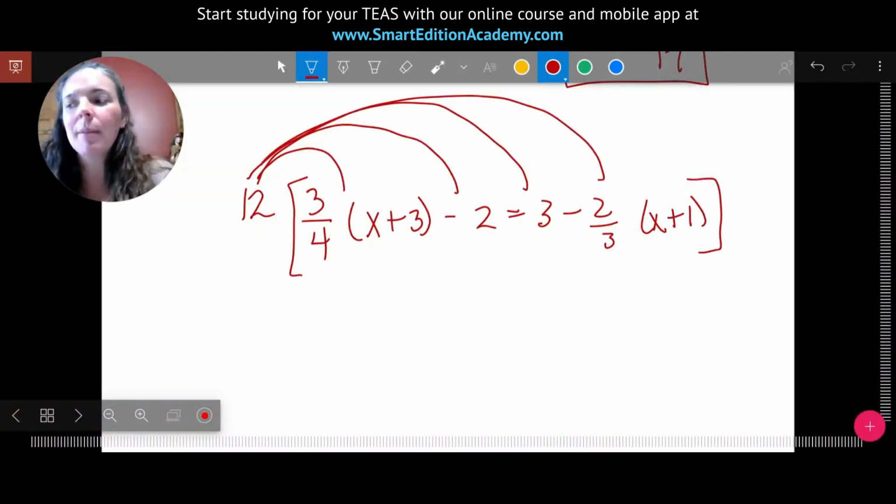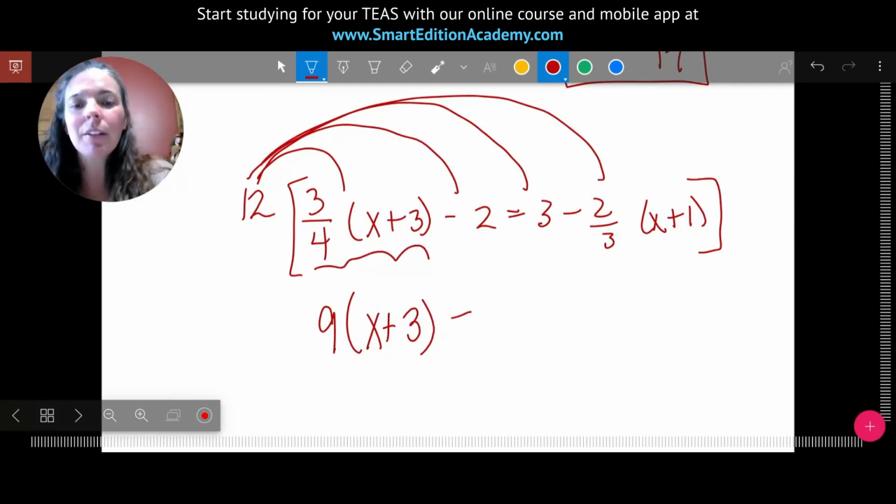So 12 times 3/4 gives me 9. So 9 times (x plus 3) would be your first term. This is all just one term. Now I'm going to do 12 times -2, 12 times 3, and 12 times -2/3, which should be 8, I believe.